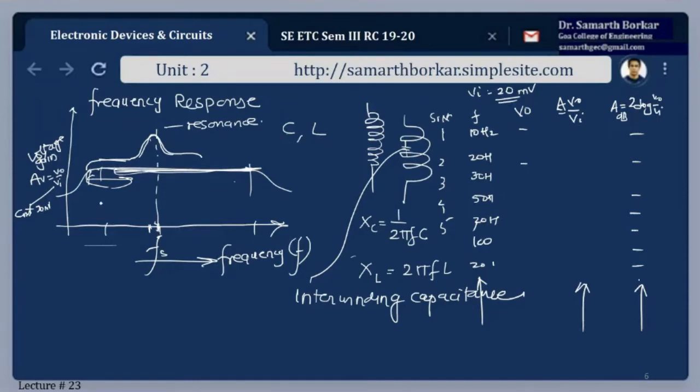Now, actually, it is possible for us to design a transformer coupled amplifier so that we get constant gain. I hope you understood what is constant gain. Constant meaning fixed with respect to this axis, and what we mark on this axis, gain. So when I draw a straight line, it is a constant gain. We can actually have a constant gain amplifier.